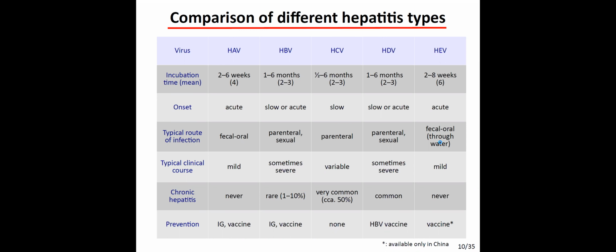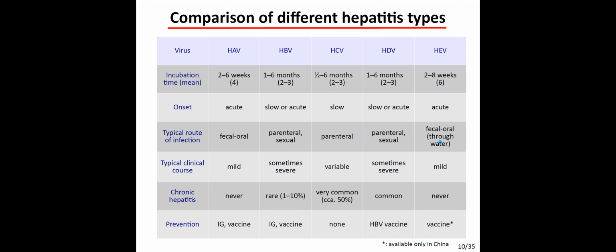Now, another virus with a long history is the hepatitis B virus, and there are several antigens and antibodies against the hepatitis B virus. This was studied a lot because when they started to use transfusion, this was the virus that usually caused the biggest problem in the population.